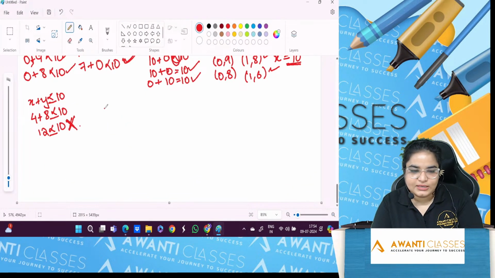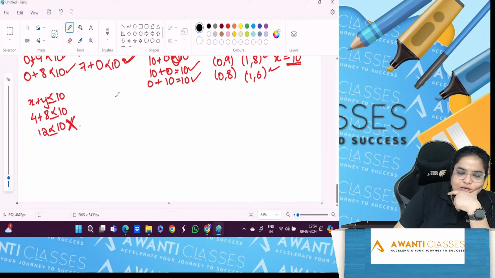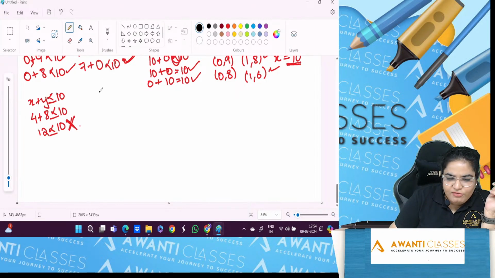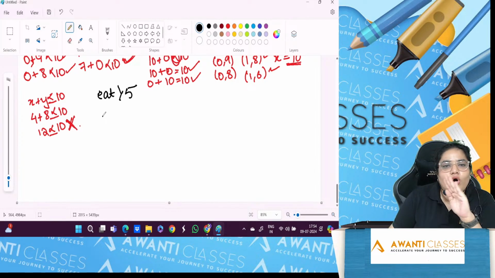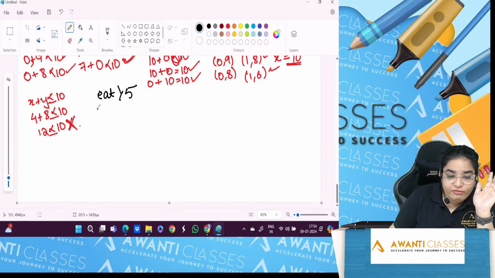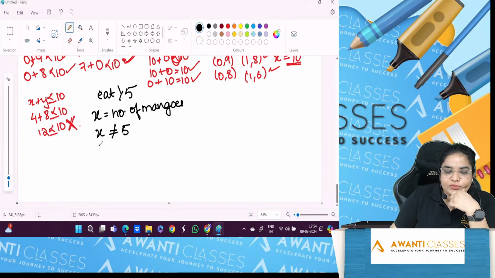Did they say they have eaten more than 5 mangoes? No. Did they say less than 5 mangoes? No. They said, I have not eaten 5 mangoes. If x is the number of mangoes I ate, then x is not equal to 5. That is the inequality.